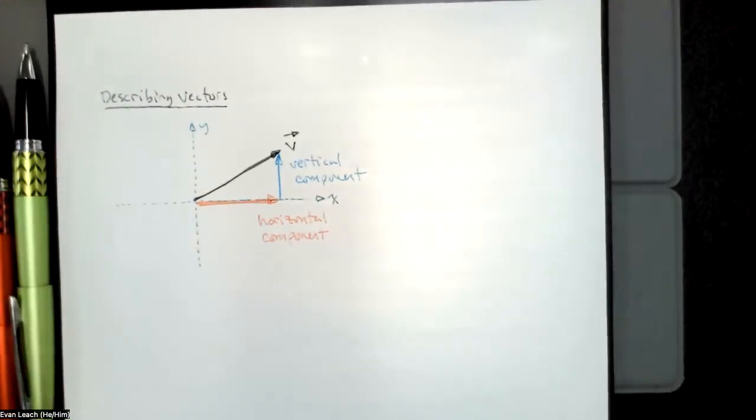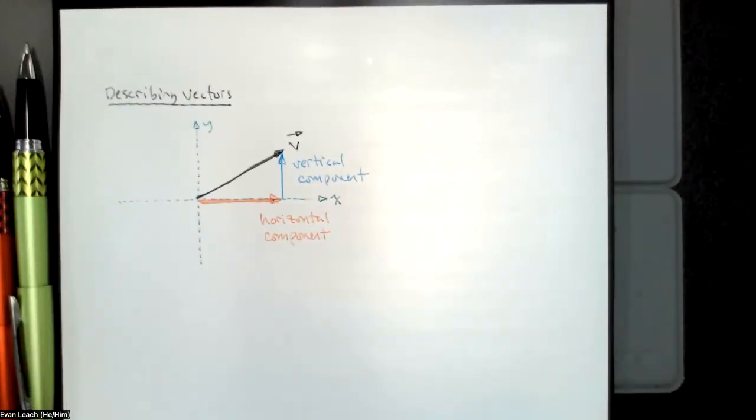So we'll describe our vectors with horizontal and vertical components. Break them down into two pieces. Like I said before, we've got 360 degrees of choice, and we're going to write all those in terms of these two, horizontal and vertical. So if I put an origin at the tail of the vector, then the coordinates at the other end of the vector will describe the horizontal and vertical components.